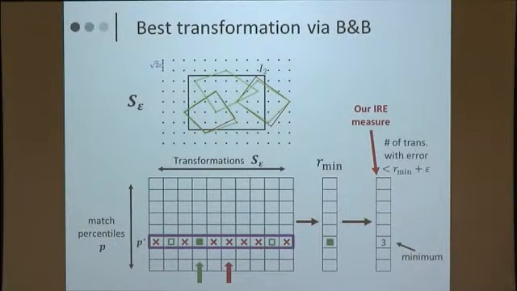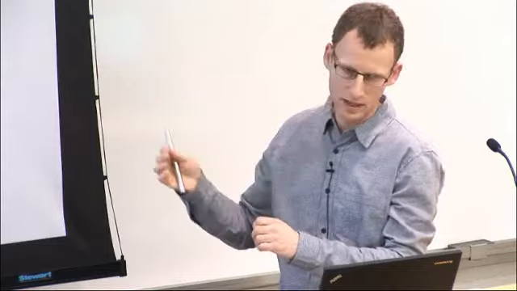So we can focus on these three surviving transformations and open the finer sampling only around those. And we can repeat this in a branch and bound manner. Okay, so this is the idea.